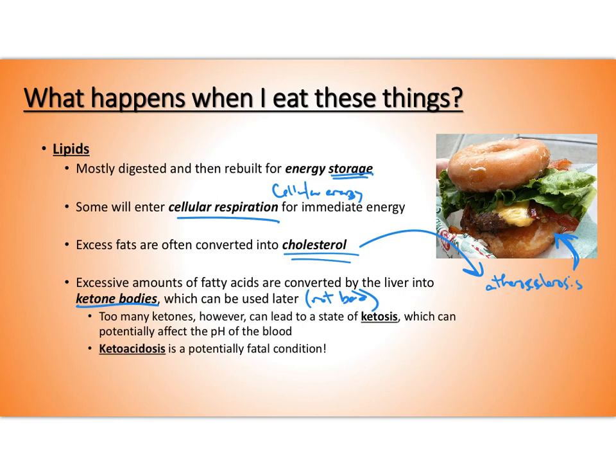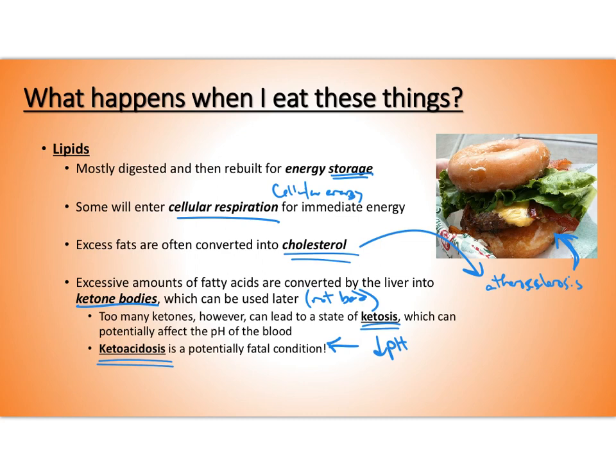However, if this happens a lot, and if this happens in excess, we can get what's called ketosis, which means a really increased level of these ketones in your blood. And ketones in your blood will actually lower the pH, which means your blood gets a little bit acidic. We call this ketoacidosis.